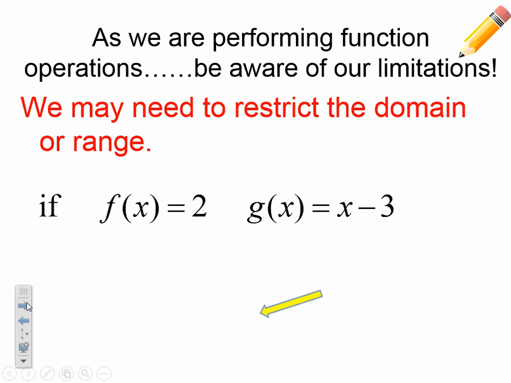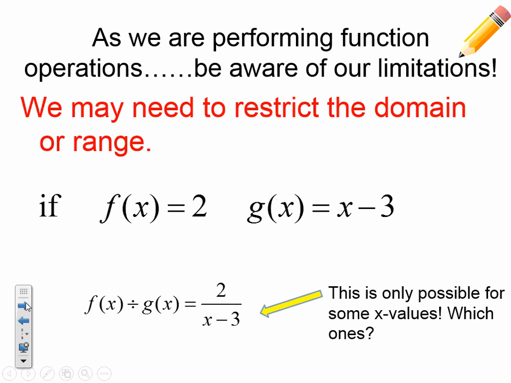So if I would take both of these functions and I would say f of x divided by g of x, we have a problem here because of x minus 3, we can only use possible values of x. So which ones will work that's not going to make that 0? If we look at this, the only one that's going to make that 0 will be, anybody know? We're going to talk about it on the next page.